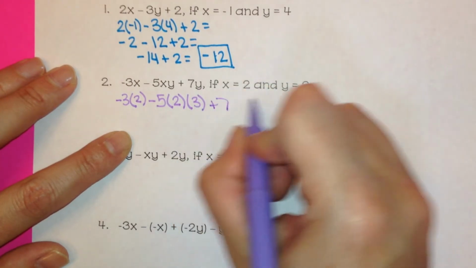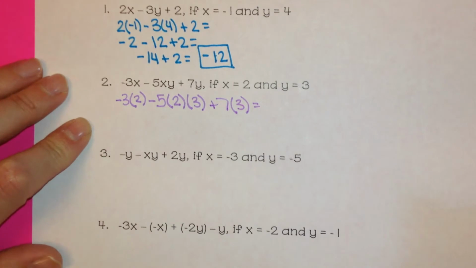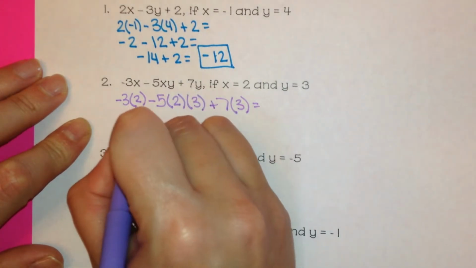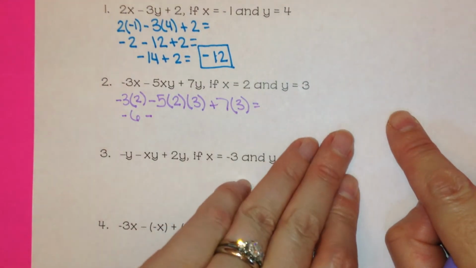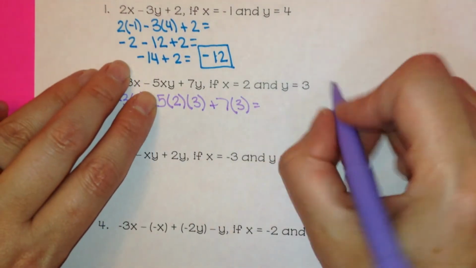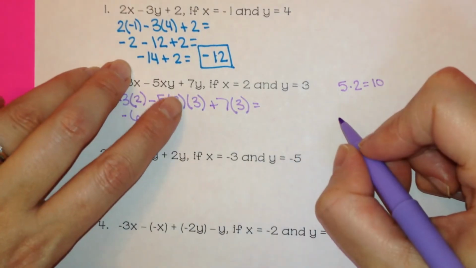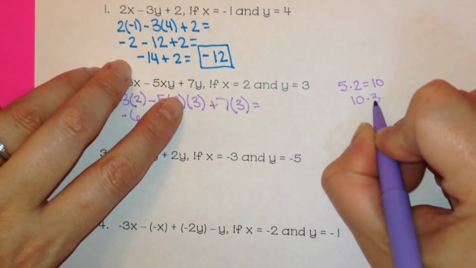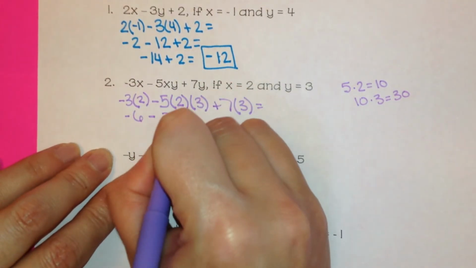Plus 7 times y, which is 3. Now I'm going to simplify. Negative 3 times 2 is negative 6. Minus, if you want to do the work to the side, you can. We can do 5 times 2, gives us 10. And then we have 10 times 3 gives us 30. So this simplifies to 30.